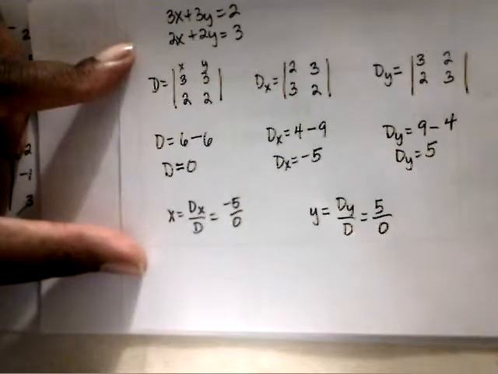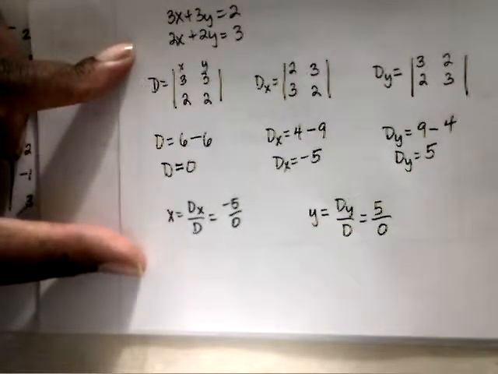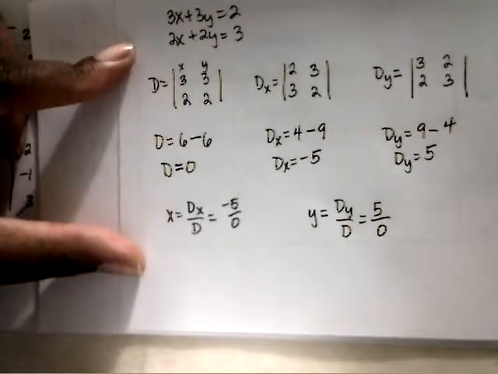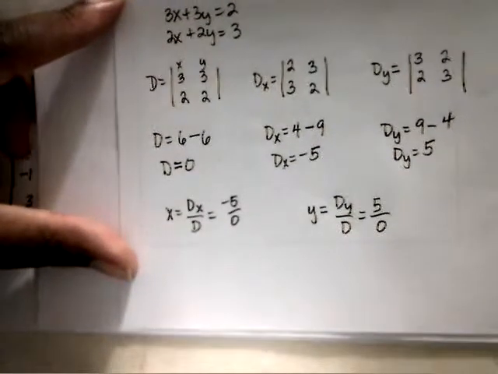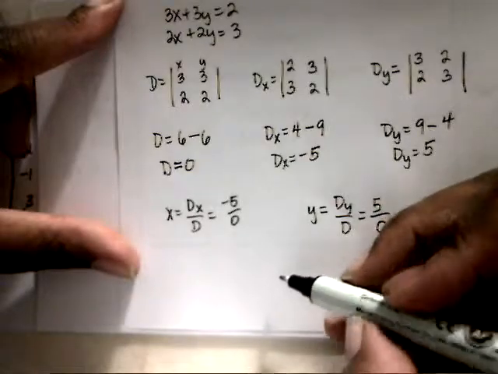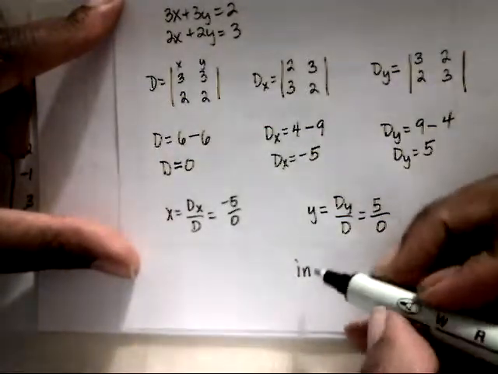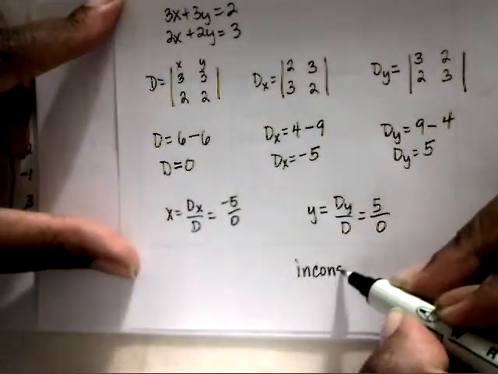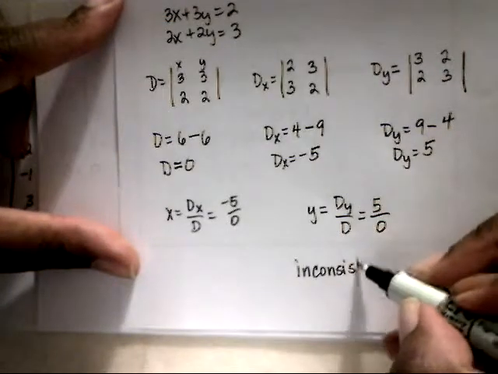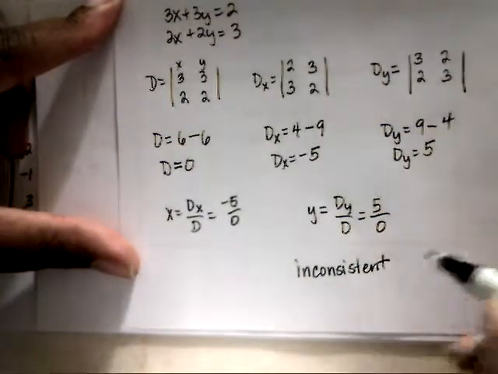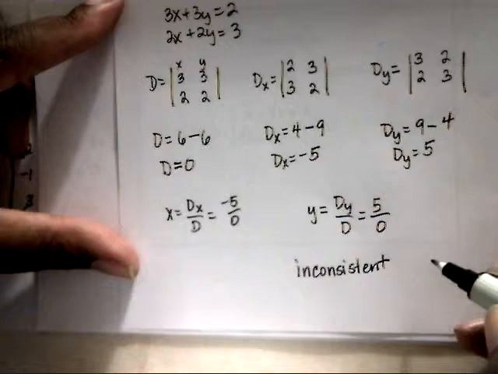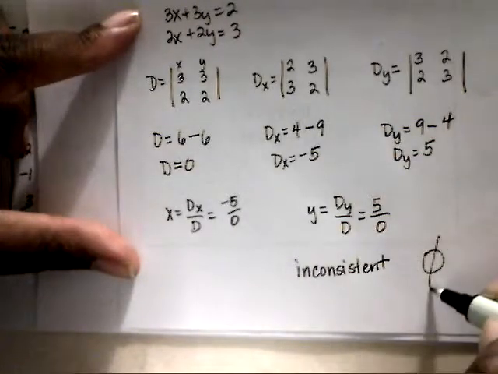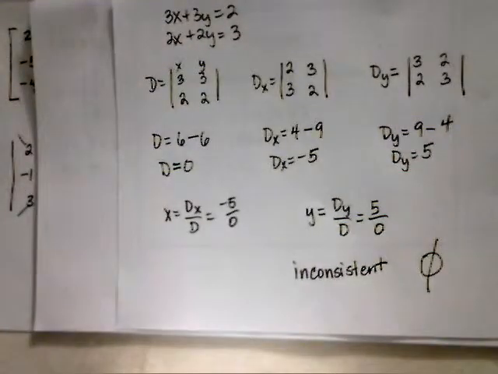In this case, that's 5 over 0 as well. Again, you have a 0 in the denominator. So we can conclude that this system is inconsistent. So we have an inconsistent system of linear equations, and the solution set will simply be the empty set.